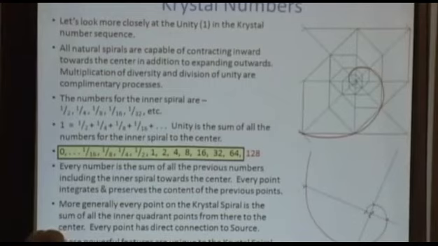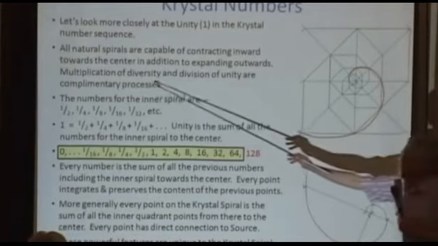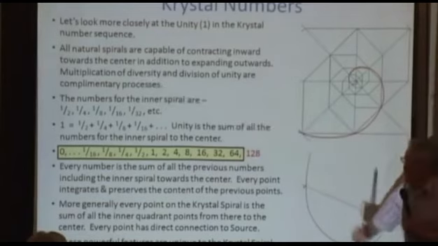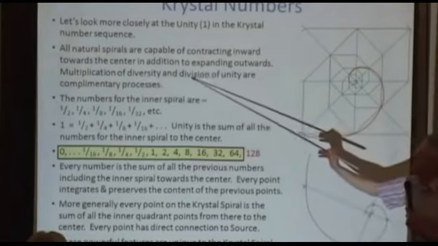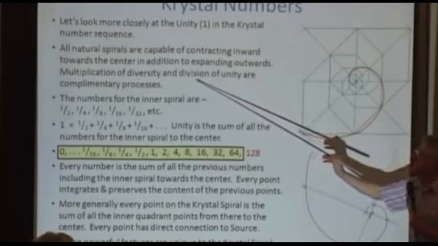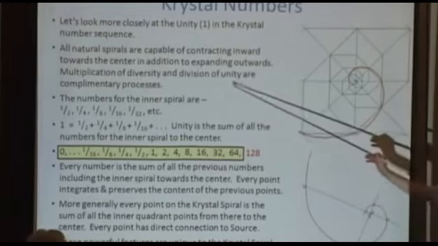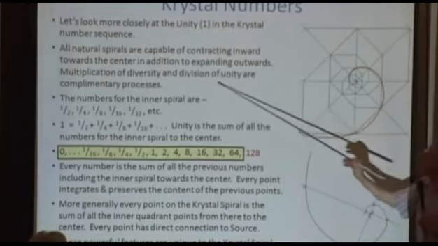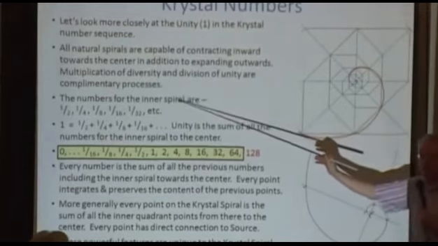So the expansion and the contraction are complementary aspects of the same underlying process. So for example, the multiplication of diversity as we expand out in creation is complemented by a corresponding division of unity. So expansion, multiplication of diversity and division of unity are complementary processes.